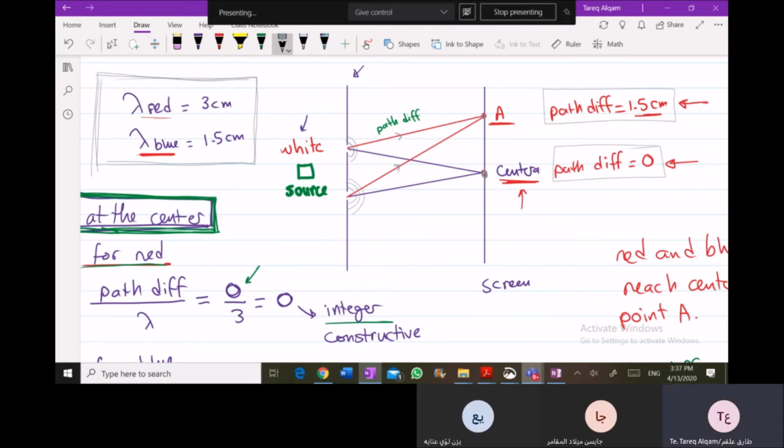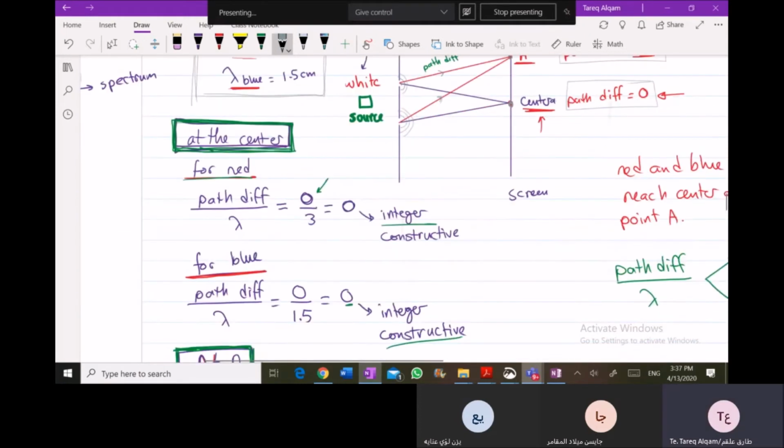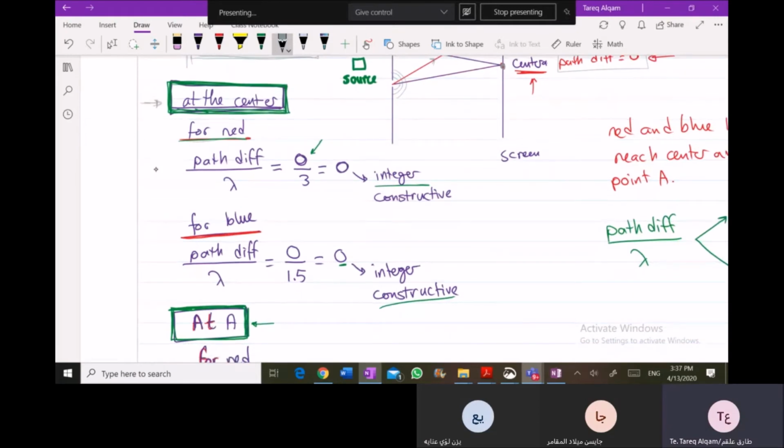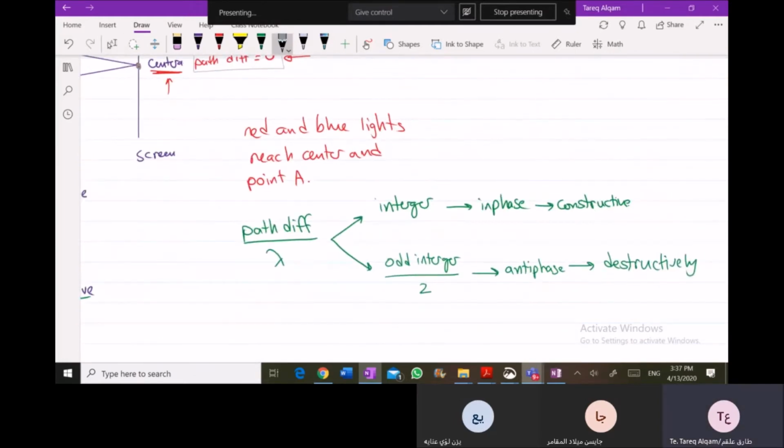Let's consider the center first, and take red light first. Let me remind you: in order to check whether the light constructively or destructively interferes, constructively means enhancing the amplitude, so the light becomes brighter. Destructively means cancellation, so it appears dark.